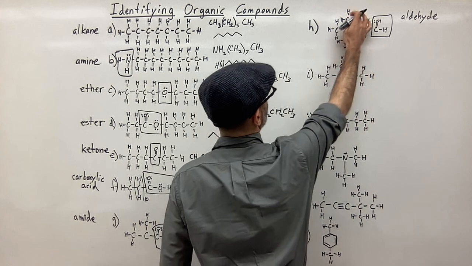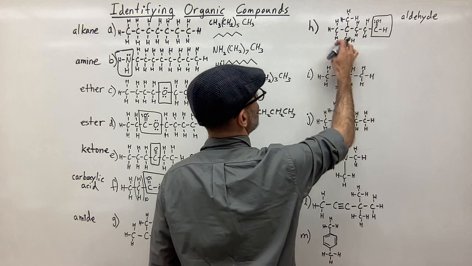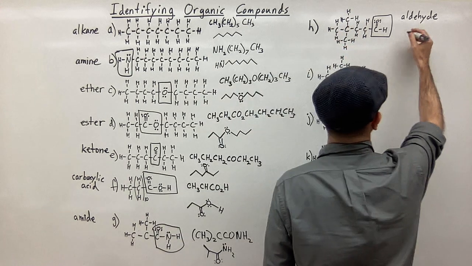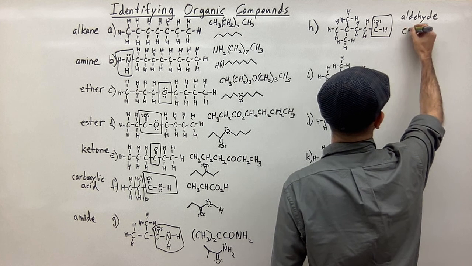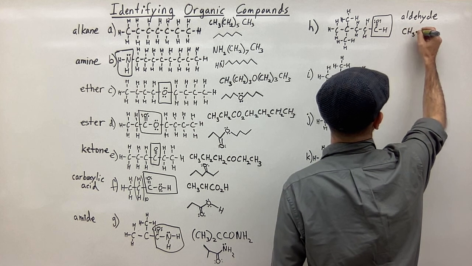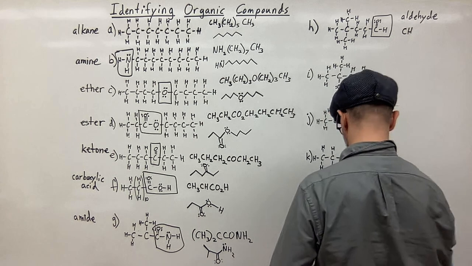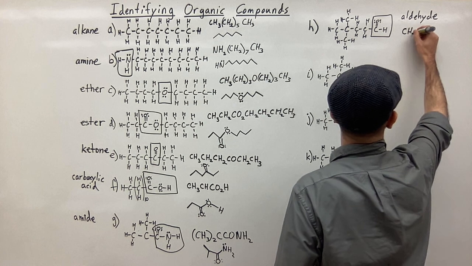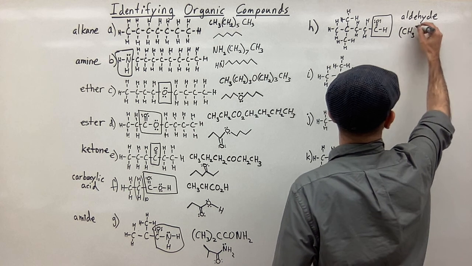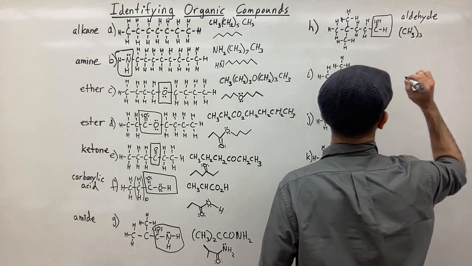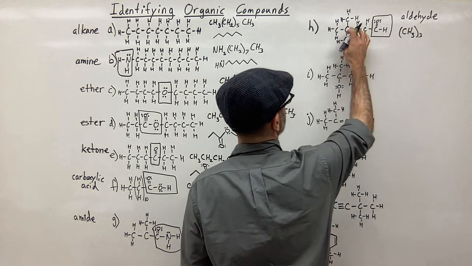Here we have 1, 2, 3 CH3 groups. So the condensed formula would be CH3. Oops. Let me write that better. (CH3)3, parentheses with a 3. And then those are all bonded to that carbon.